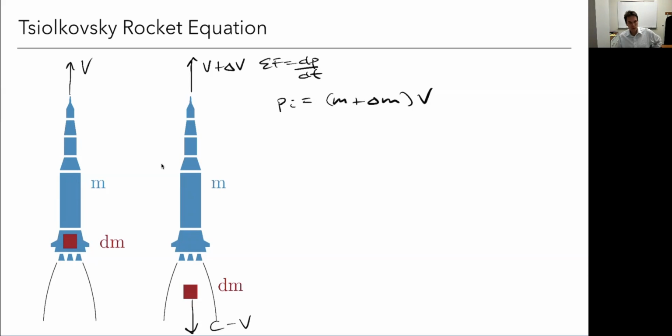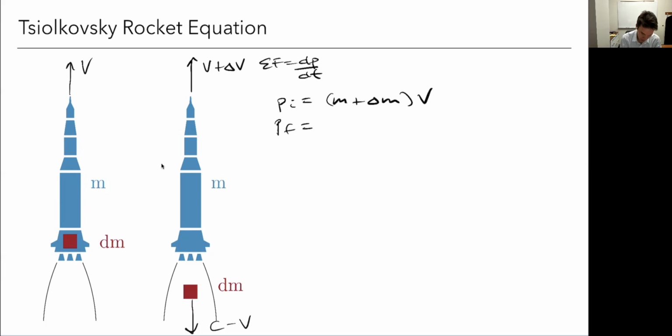And I have to have the minus v because I need to go into my inertial system, right? So it's relative to the rocket. If c was equal to v, my rocket's moving up at speed v, and I'm sitting here as an observer just watching it. If I expelled it at just speed v, I'd cancel out just the speed of the rocket, and that propellant would just be sitting there as the rocket goes away. So I need to expel it out faster. So that's going to be the c minus v.